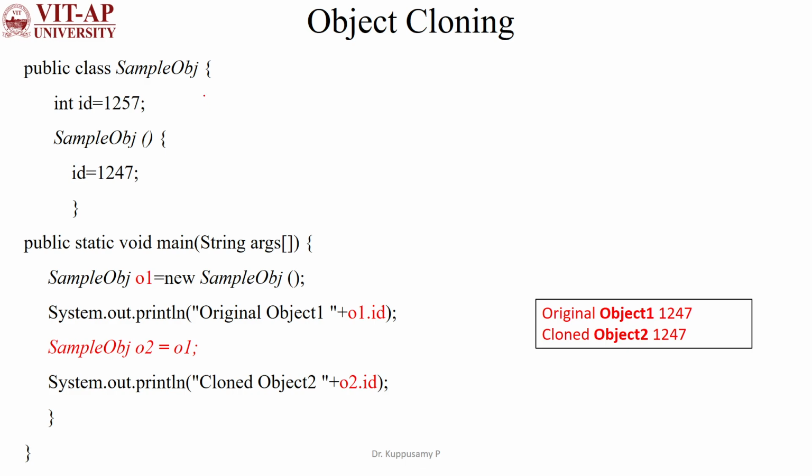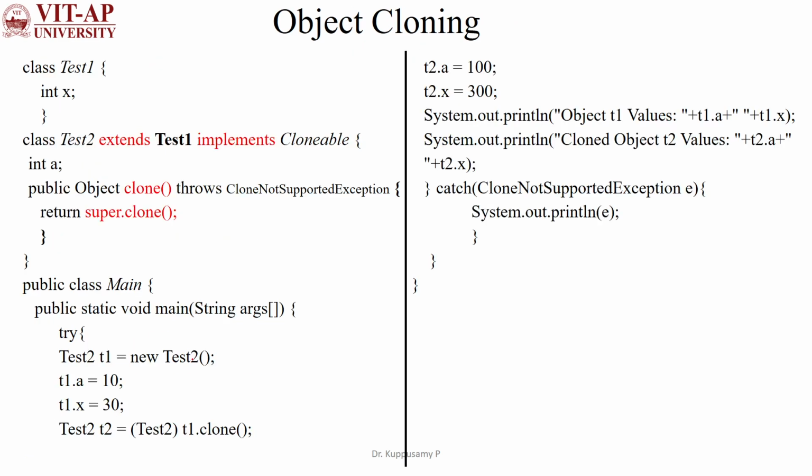Here you see, as I told you, after removing implements Cloneable, you will get the output for this example by using the equal symbol. Now we will see the free memory locations and memory consumption for how we are allotting for this object cloning. First we will see the class Test1, and we are defining the variable x here.